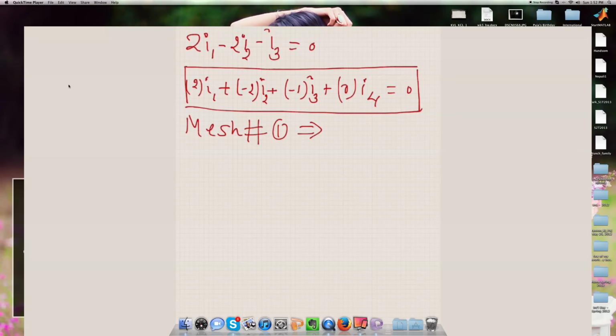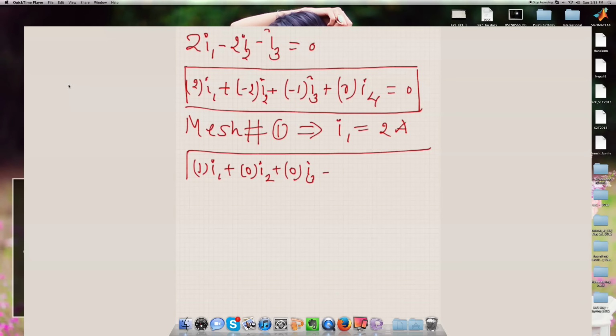We see I sub 1 is 2 amp, which could be expressed and put in the box so as to allow us to show them in the matrix with all the I's, such as this would be: I1 is 2 amp, meaning we have 1 times I sub 1 plus nothing times I sub 2 plus nothing times I sub 3 plus nothing times I sub 4 is equal to 2.